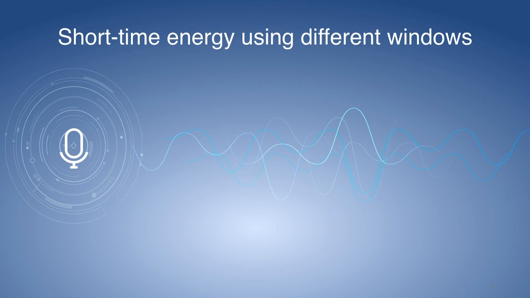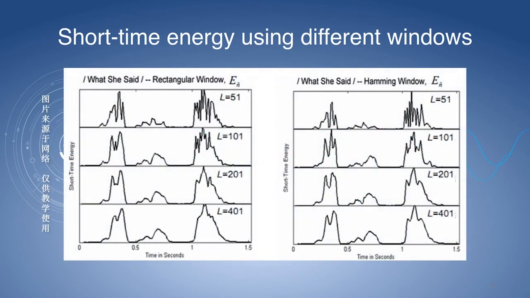Considering two kinds of windows, rectangular and Hamming, the short-time energies using different windows are also different.